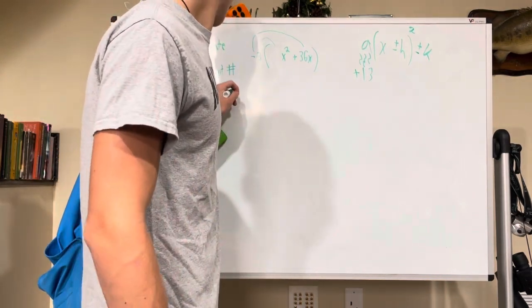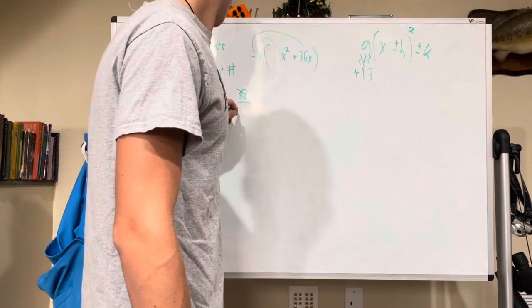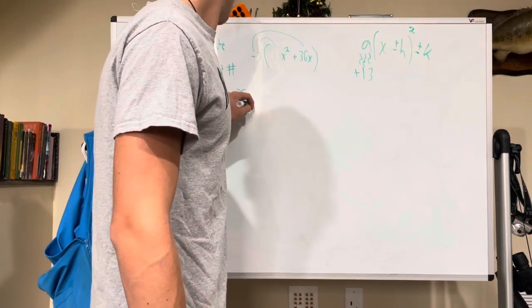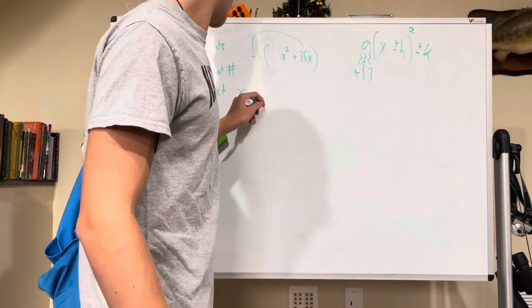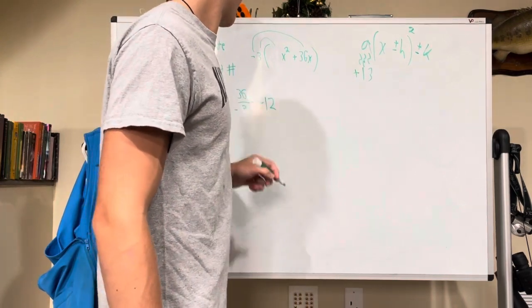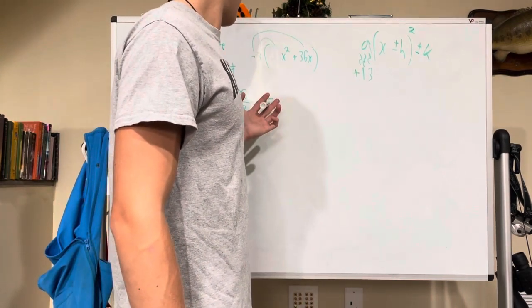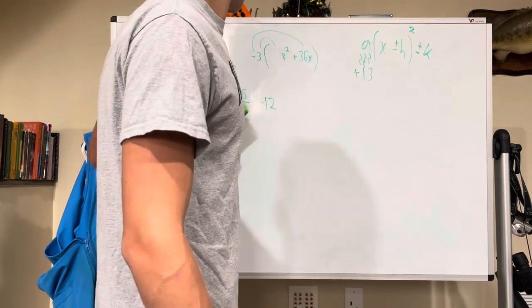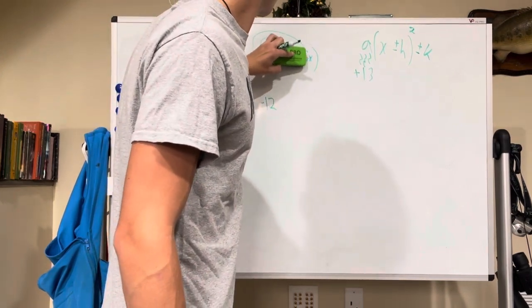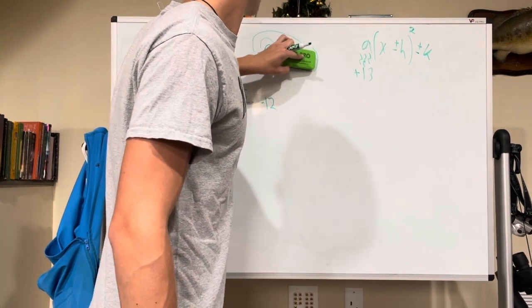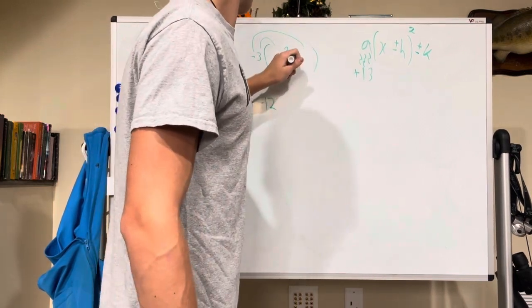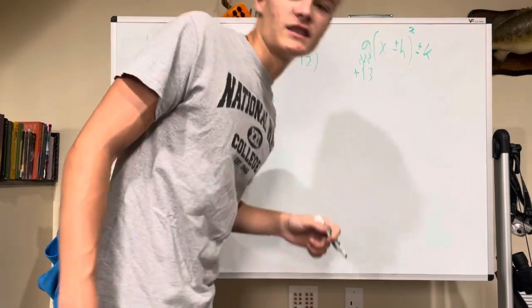So in this case, it'd be 36 divided by -3 equals -12. -12 is your number. So this plus 36 changes to a plus 12.